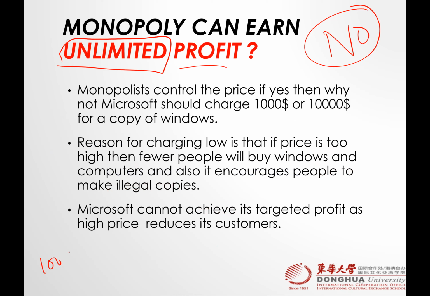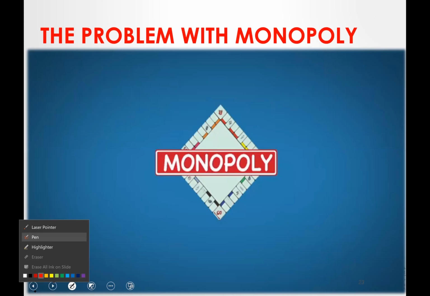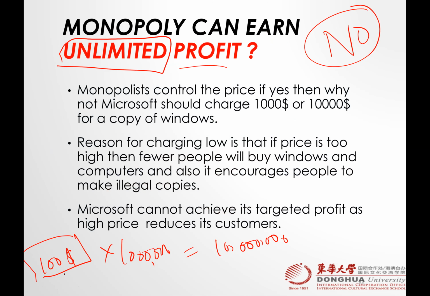Okay. Microsoft sets the price at $100 for each Windows, and he is selling 1 million copies. His revenue is going to be 10 million, right? What if it increases its price from 100 to 10,000? Now only 100 people can afford that.